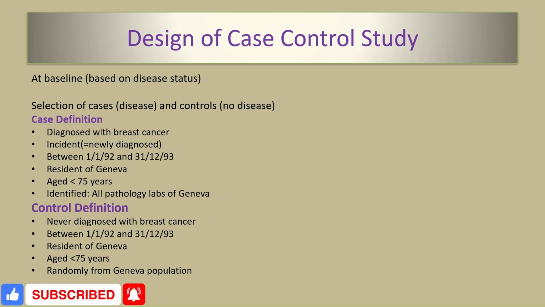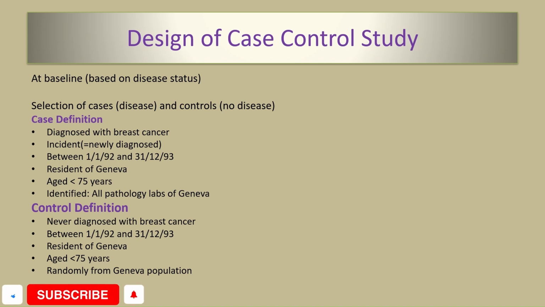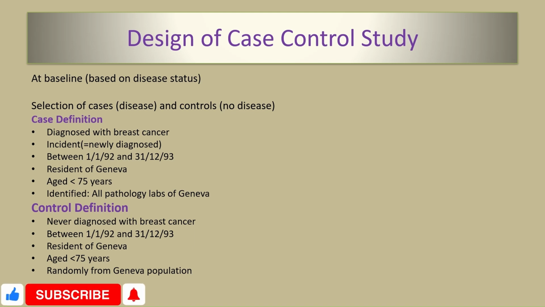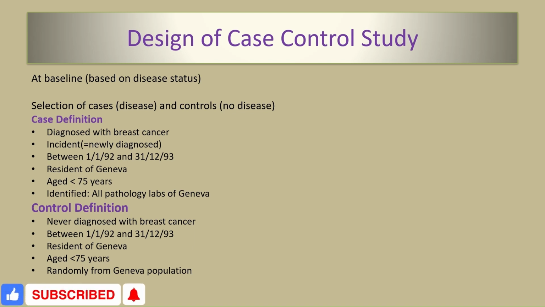Case definition: diagnosed with breast cancer, newly diagnosed incidence between the time period 92 to 93, resident of Geneva, aged less than 75 years, identified from all pathology labs of Geneva.